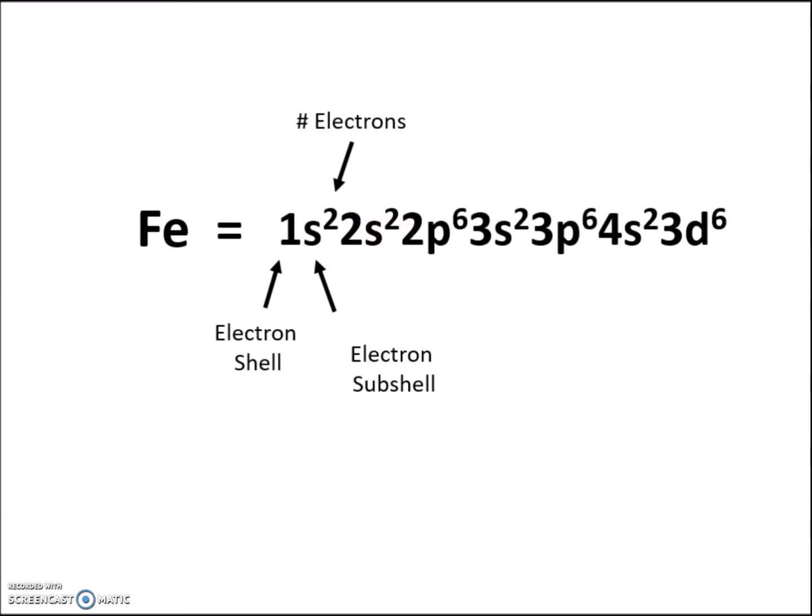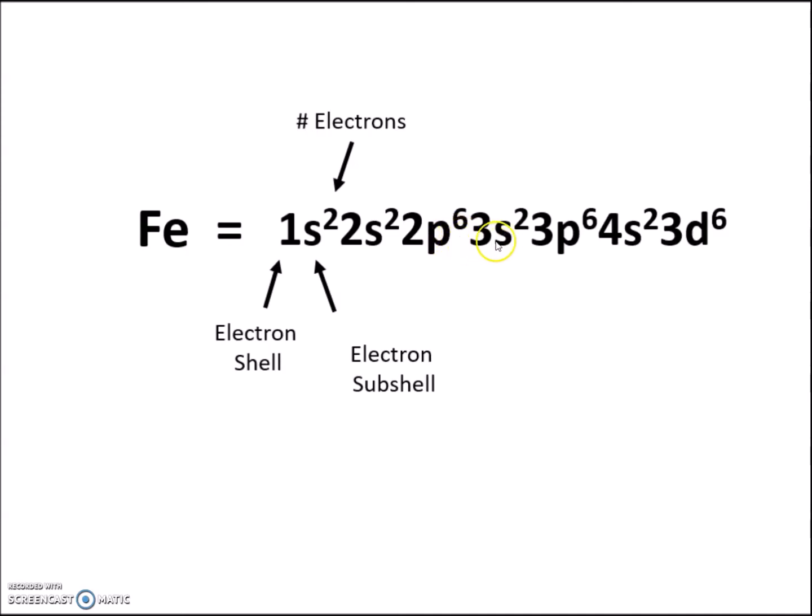Remember, s-type sublevels only have one orbital, and each orbital can hold 2 electrons, which gives you a maximum holding capacity of 2. But after the 2s sublevel comes the 2p sublevel, which contains 3 orbitals, and if you can hold 2 electrons per orbital, that gives you a maximum capacity of 6.